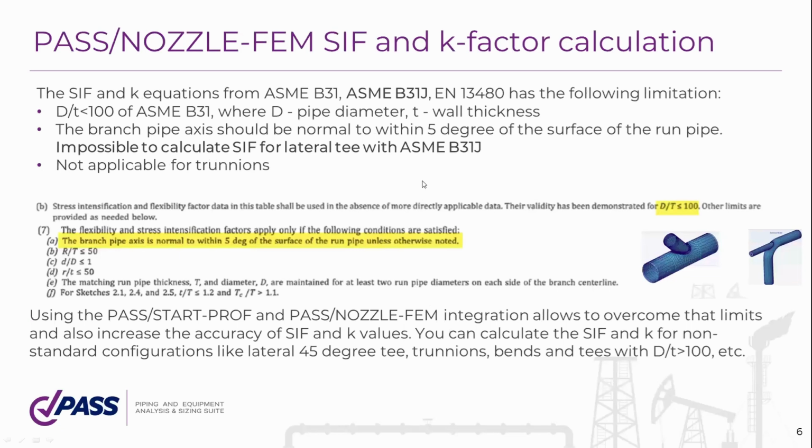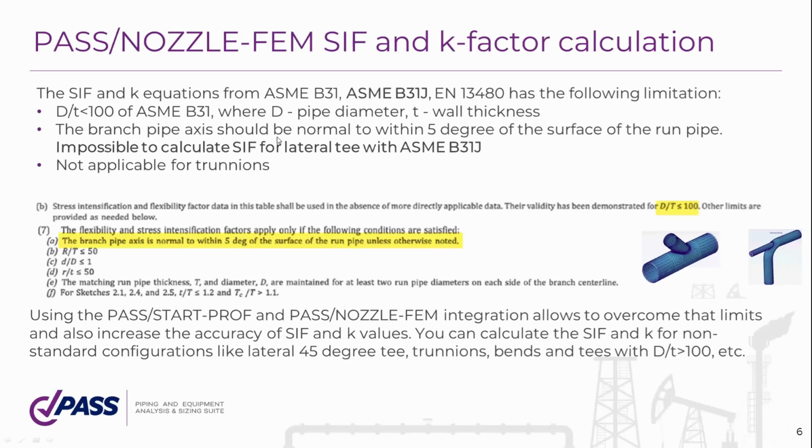What about limitations in the code equations? The first limitation is that the ratio between the outer diameter and the wall thickness of the pipes and T elements should not be greater than 100.